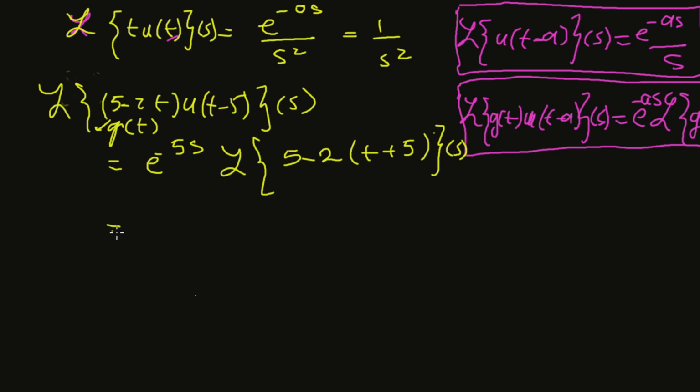So let's just do the math now. This comes up to be 5 minus 2t minus 10, so negative 5 minus 2t, right? So that comes up to be that here.